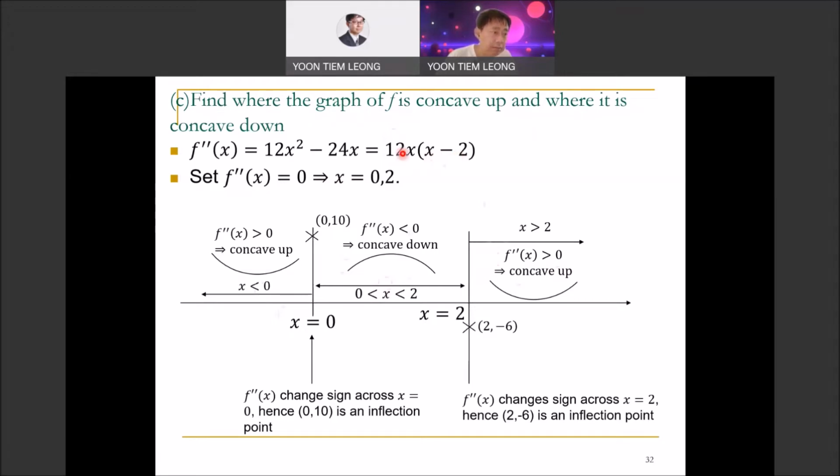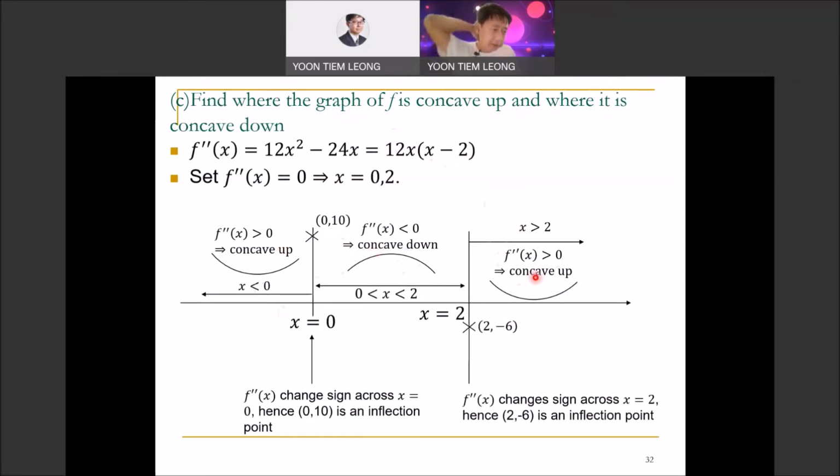Therefore, f prime prime between 0 and 2 is always negative, indicating that the function between 0 and 2 has a negative concavity, or concave down, which is a bowl which is facing downwards. Okay, so then you have these three regions that you have already identified. You have identified the regions where the function is concave up, concave down, or concave up.